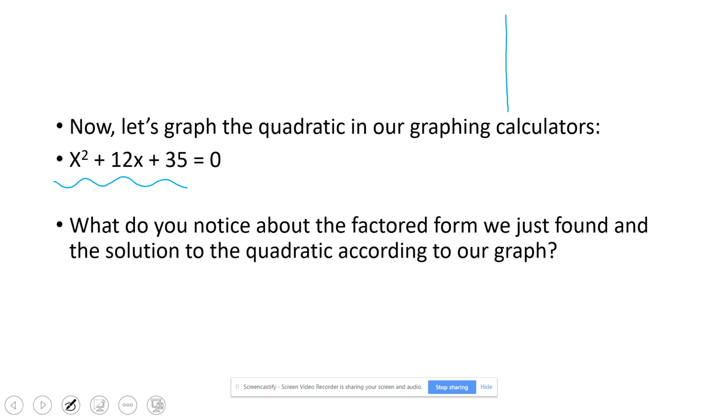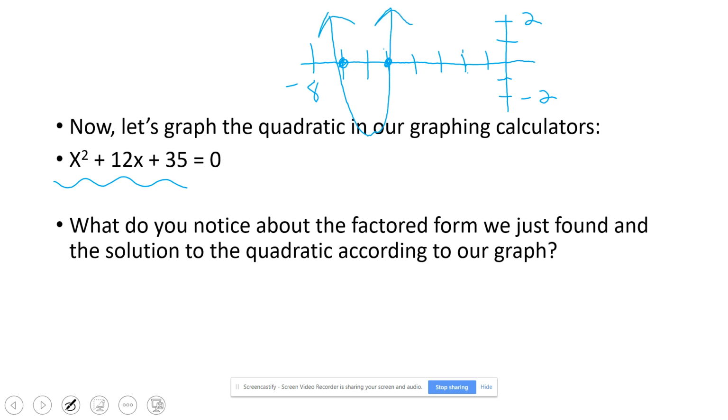When I do that, I'll sketch my graph here. When I do that, my graph looks something like this.